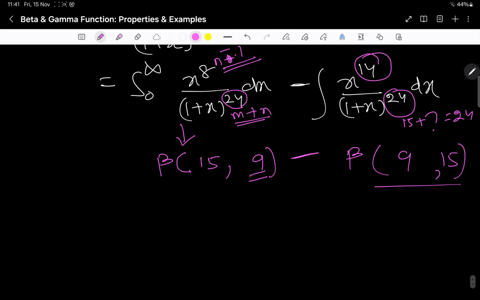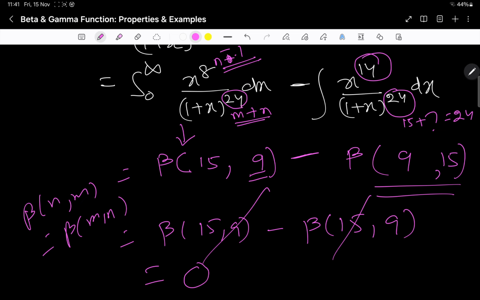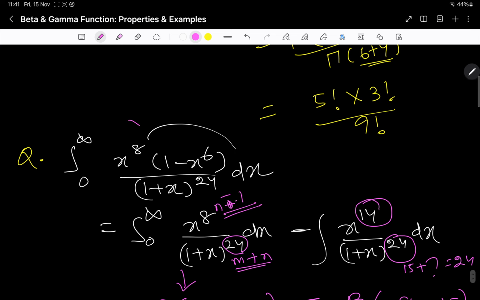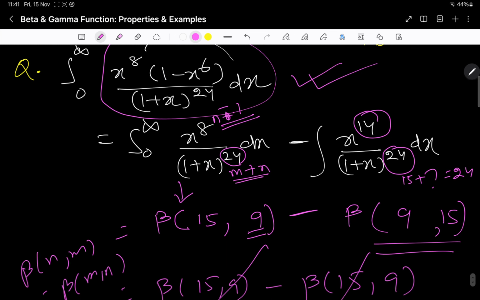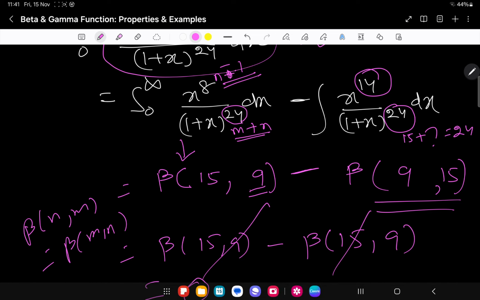Beta mn is beta nm, so beta 15, 9 is the same as beta 9, 15. So this and this cancel, and the result is equal to 0. You see, the integral seems to be complicated, however, using the beta function and gamma function, this is quite easy now.